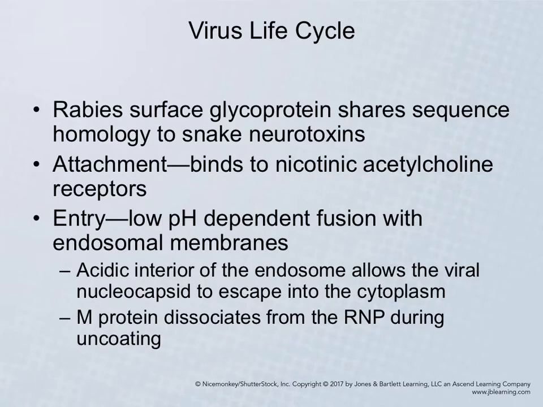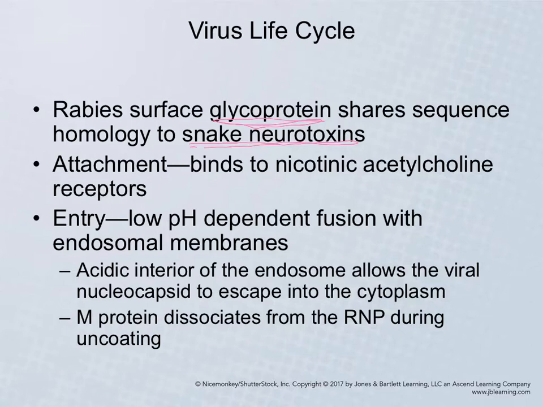When we look at how this virus is going to get into the cells, what we find is that the glycoprotein, the spike protein, that is glycoprotein G, has some sequence homology to some proteins that are made by snakes that function as neurotoxins. That is, they're toxic to the nervous system.